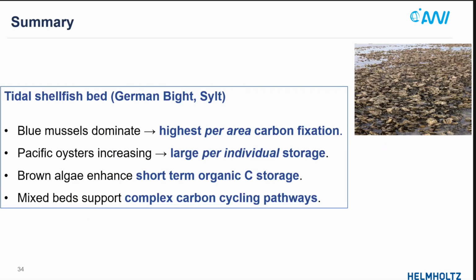And macroalgae add short-term organic enrichment, but they can be easily reset by storm events or by seasonal changes. And in the intertidal setup, the main constraint remains sediment permeability and short residence time of organic carbon.